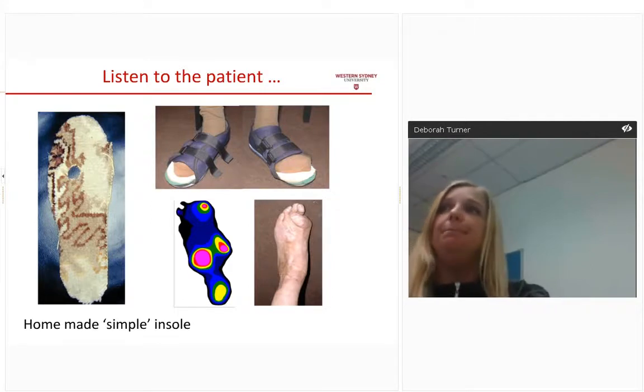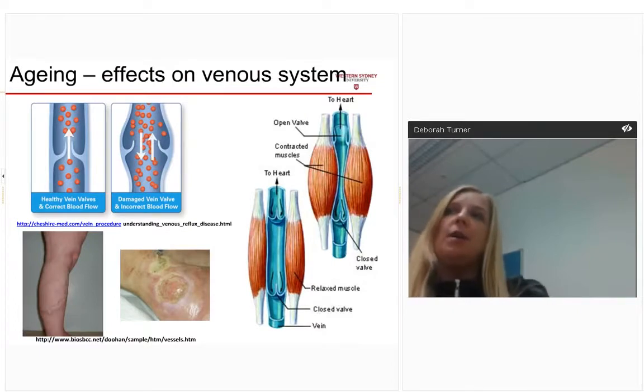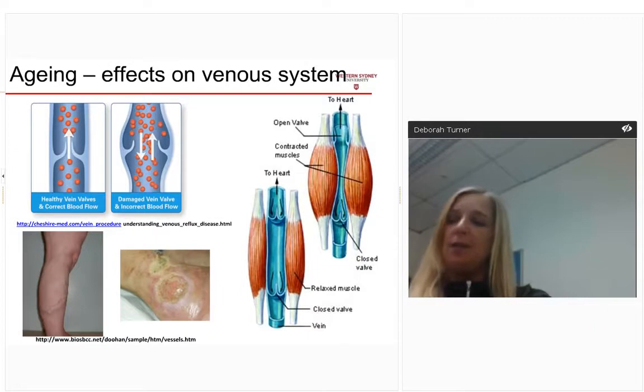So it's important to speak with the patients and work with them in terms of working out what might be effective, because it generally tends to increase patients' compliance with orthotic devices. I think we've also got to bear in mind that whilst we might consider the manifestations in the musculoskeletal system, we've got to consider the knock-on effect on the venous system.